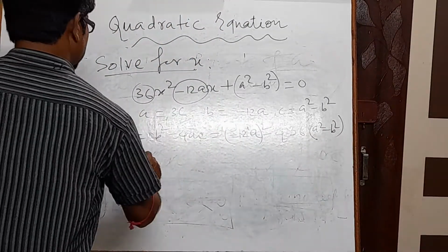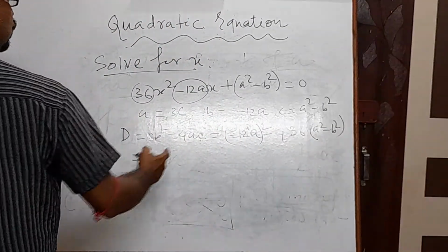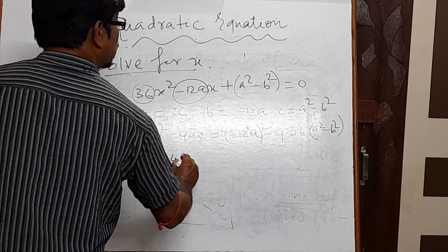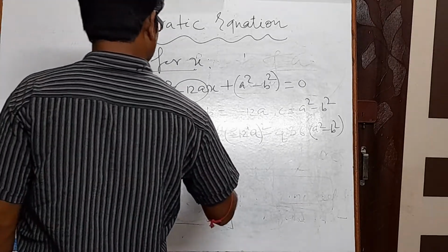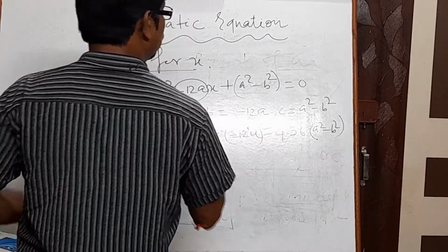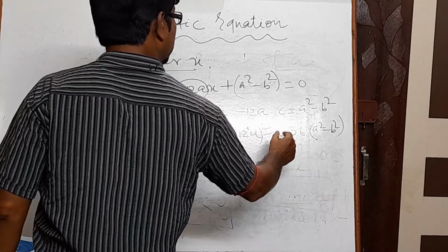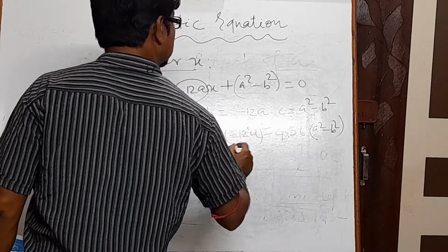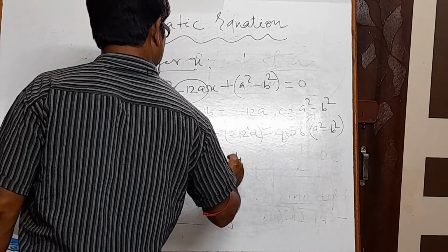Okay. So 12 squared is 144 a square minus 4 into 36, you have to multiply. So 4 into 36 is 144.